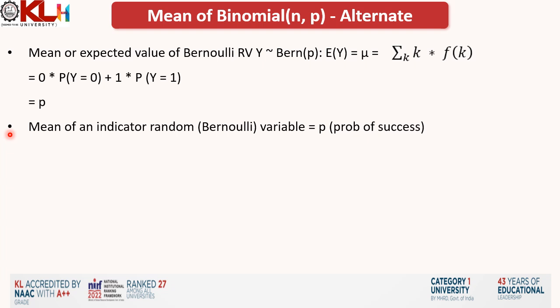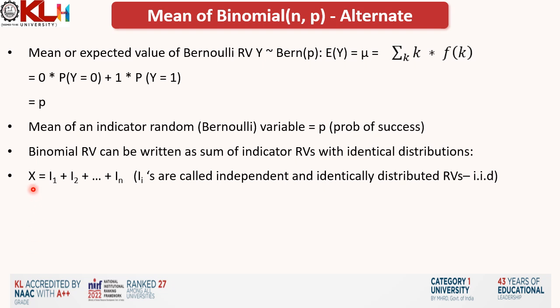Now the Bernoulli random variable is also known as an indicator random variable with the probability of success being p, and we can consider the Bernoulli random process or the repeated trials as a sum of individual indicator random variables.